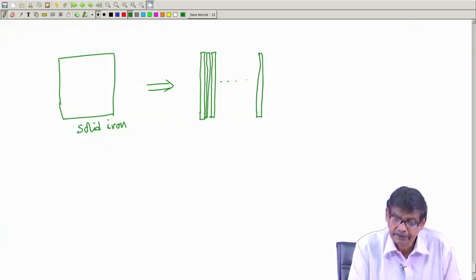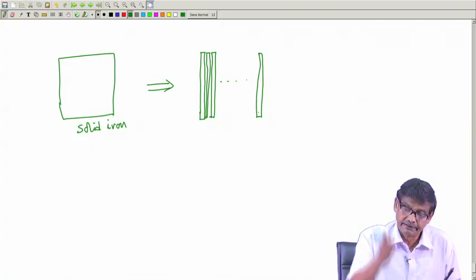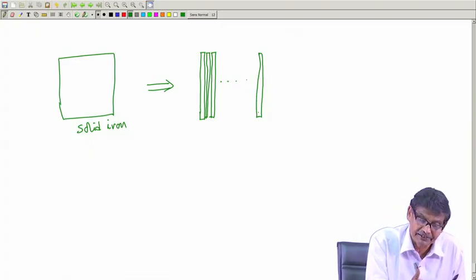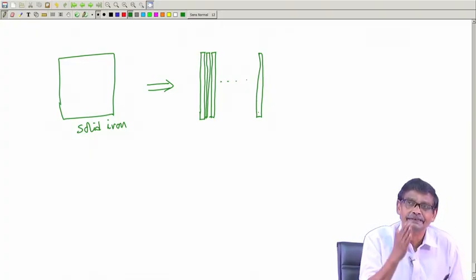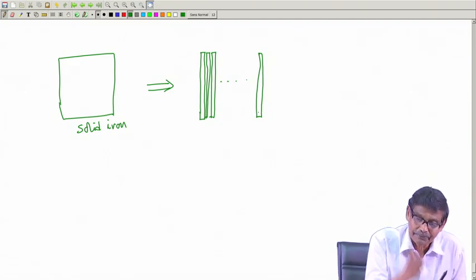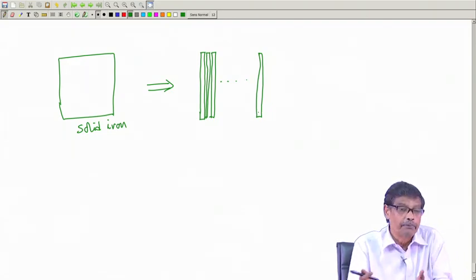Are you with me? That is, the plates are like this. You chop this thing with cutting tools, slices, like the pages of a book.